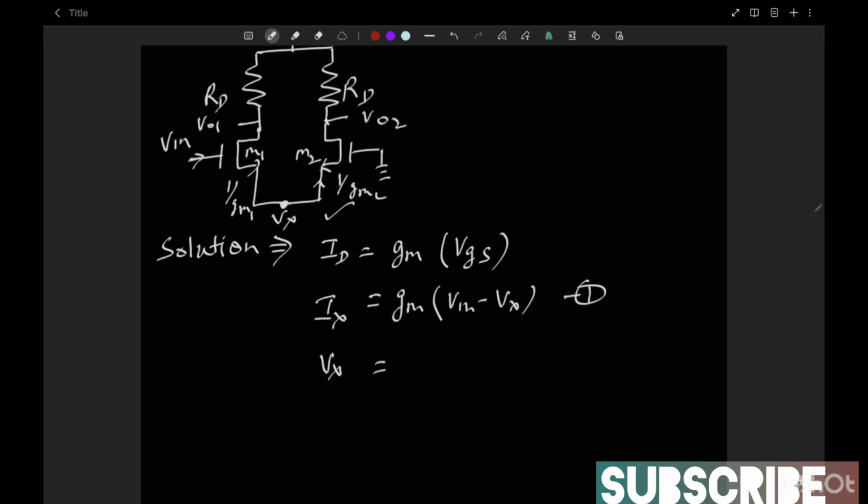So this circuit will become like this: Vn, 1 by gm2, this is your m1 and this is your rd.